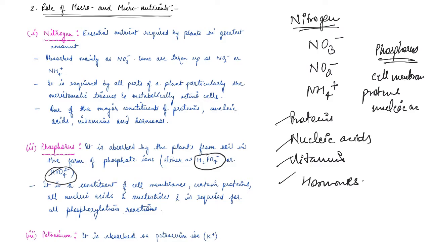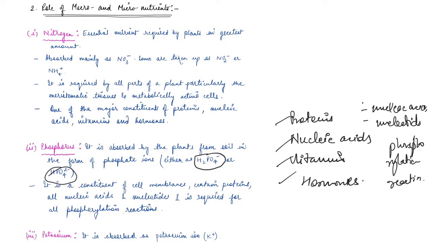We know that nucleic acids are made up of a pentose sugar, phosphate, and nitrogen bases, right? Then there are nucleotides, and it is required for all kinds of phosphorylation reactions. So phosphorus is important for performing a lot of functions.